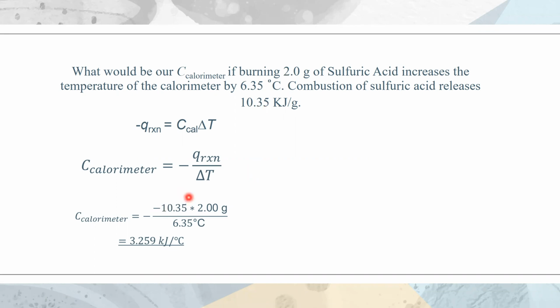And so we plug that here and we multiply that by the 2 grams of sulfuric acid that it's going to burn. And then we divide this whole equation by our change of temperature, or delta temperature, which is 6.35 Celsius.